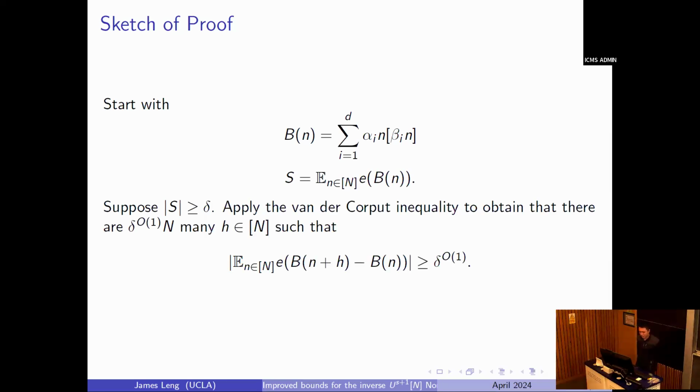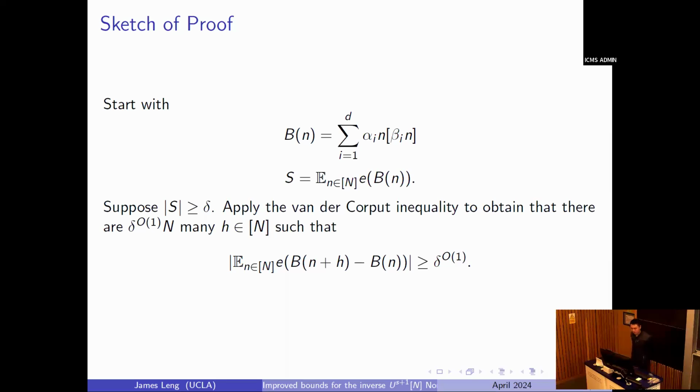Then the first step is the first step you would do if B were an ordinary polynomial: you apply the Van der Corput inequality. What you get is that there exists a bunch of h's inside 0 through n minus 1 such that this exponential sum of b of n plus h minus b of n is large.